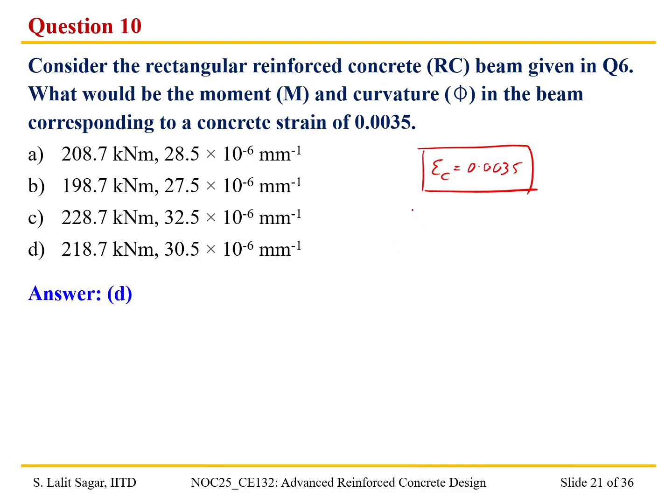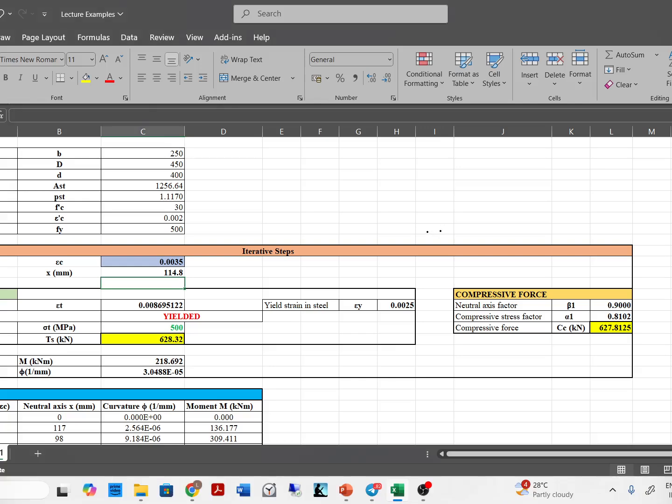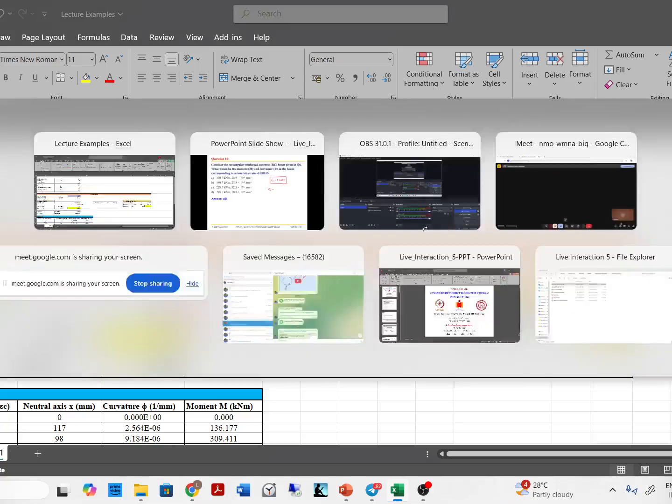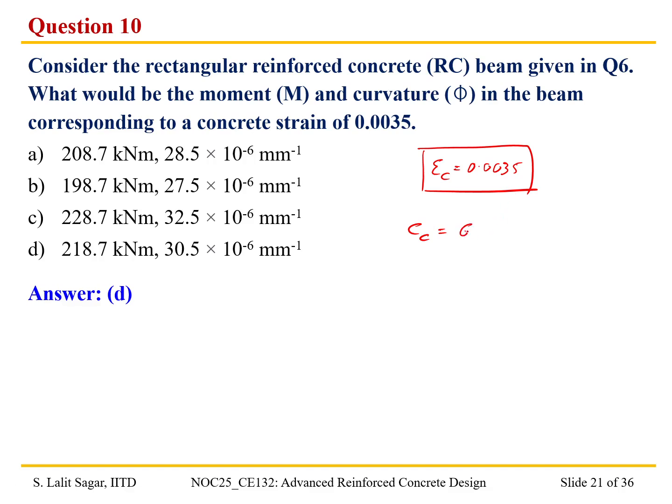So we have Cc is equal to how much? 627.8 kilonewton, right?